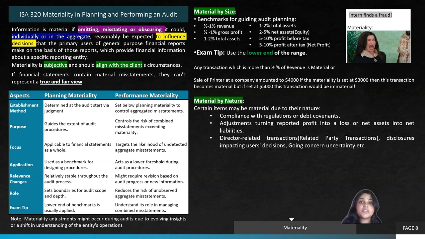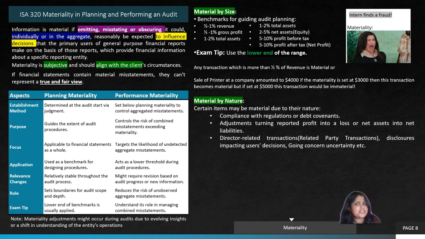See, there are users who use the financial statements of the client company and make economic decisions, like should we invest in that company or should we give a loan to that company. So they're making some decision on the basis of the financial statements.